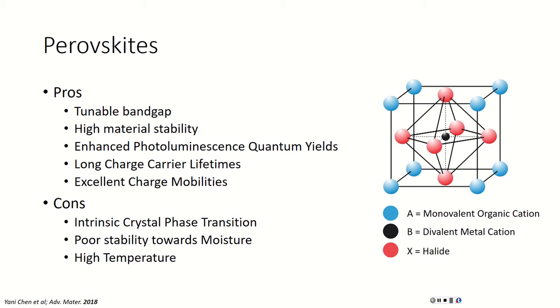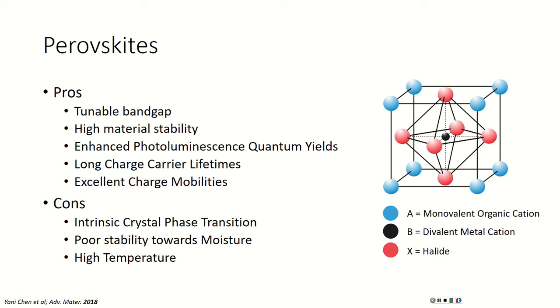The B is usually lead, which happens to be the most efficient perovskite. Lead-based perovskites tend to be the better ones, the most efficient ones at the moment. X is a halide, so depending on which halide you choose, you have different properties. So this whole thing is what a perovskite crystal lattice is.